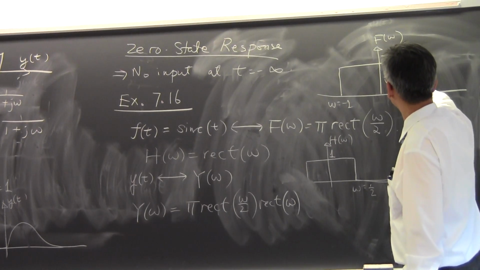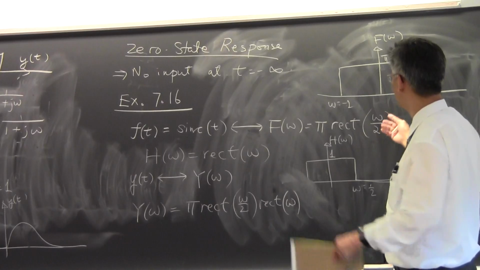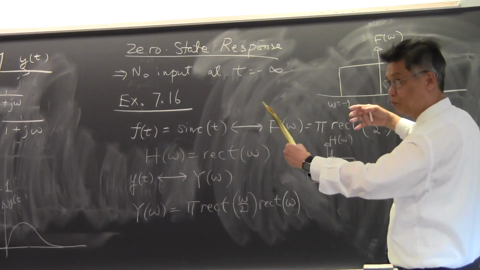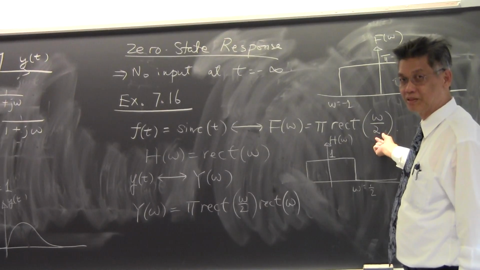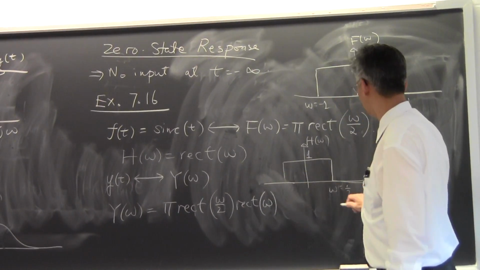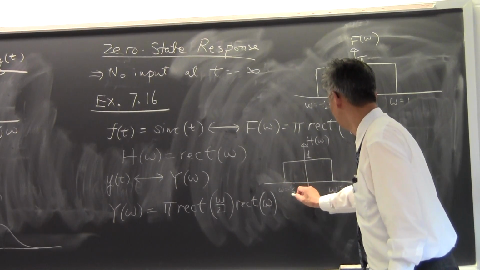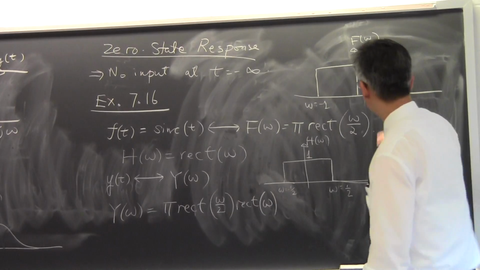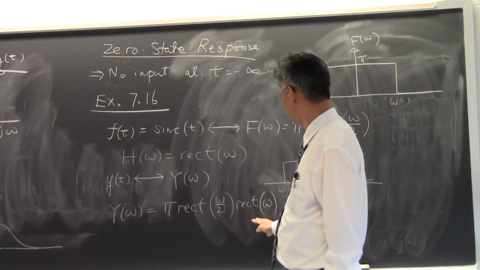Pi. Okay, so when you actually make the argument be divided by 2, you actually stretch the function and make it wider. Remember that. When you divide the argument by 2, you make the function wider, twice as wide as this one. So when you multiply this function together with that function, which one takes over?